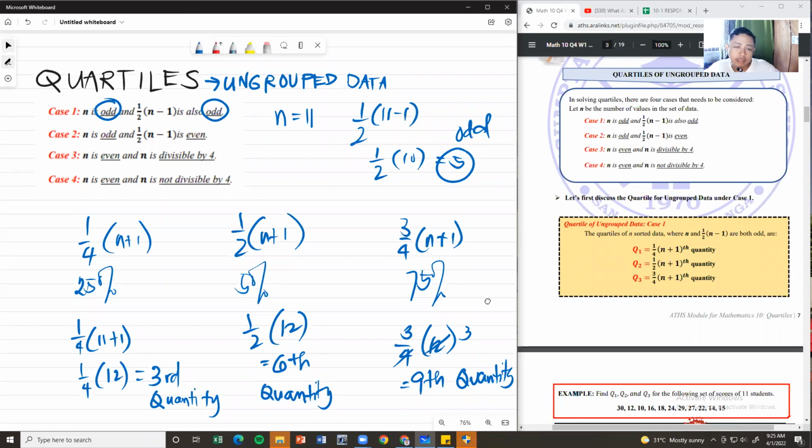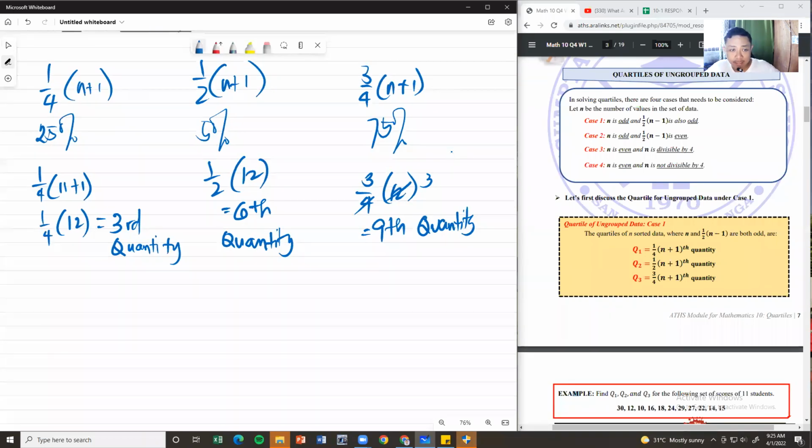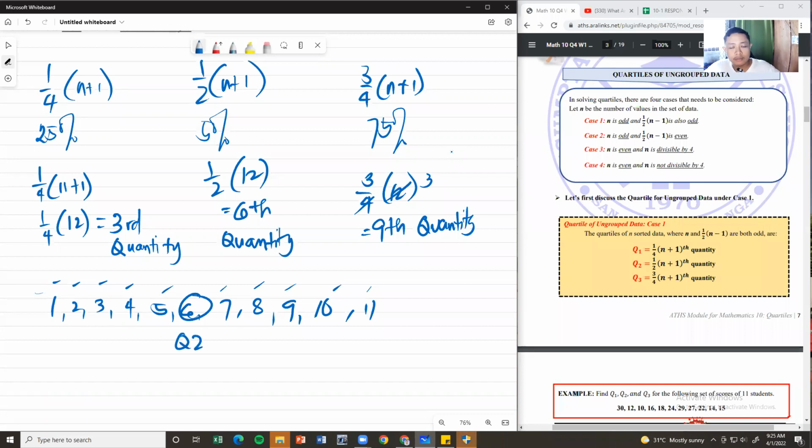So for example, since we are solving for 11 here, we have 1, 2, 3, 4, 5, 6, 7, 8, 9, 10, and 11. Aside from the manual, counting 1, 1, 2, 2, 3, 3, 4, 4, 5, 5, 6, that's Q2.